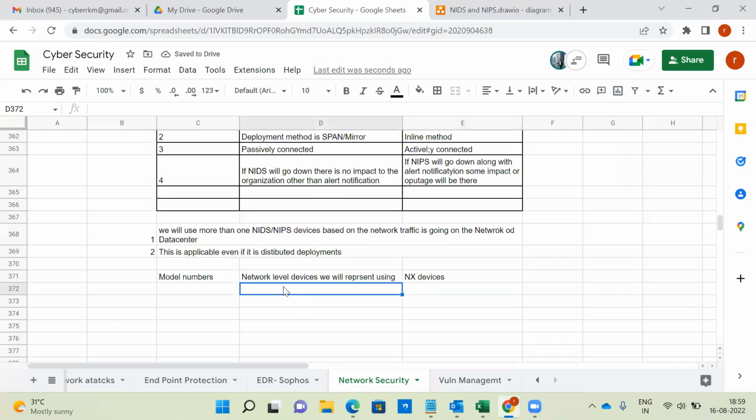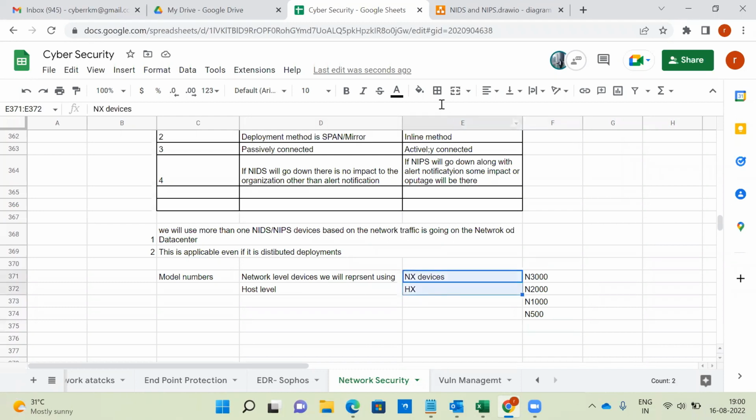Host level devices are HX. Yes, HX devices and NX devices. As I said, a couple of model numbers are N3000, N2000, N1000, N500, and so on. Example is F5. Okay, so that is the model number wise.